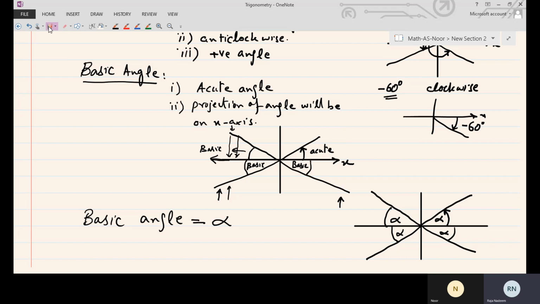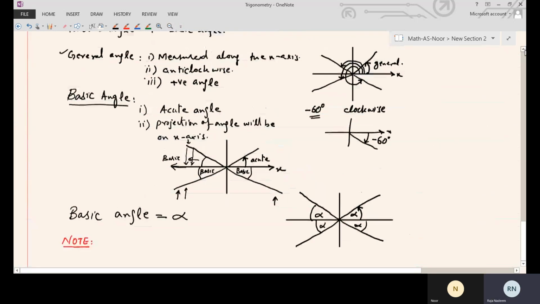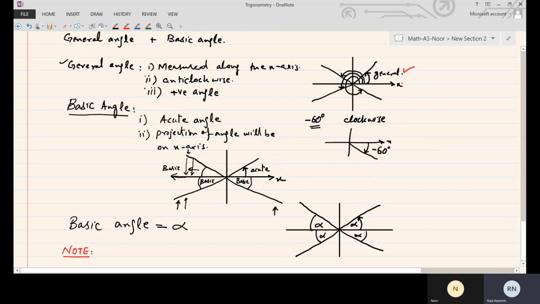There is a note for this basic angle and general angle. You have seen that in the first quadrant, when the angle is acute, we called it a general angle. But when we introduce the basic angle, in the first quadrant the angle is acute, along the x-axis, and its projection is on the x-axis, so we call it a basic angle.